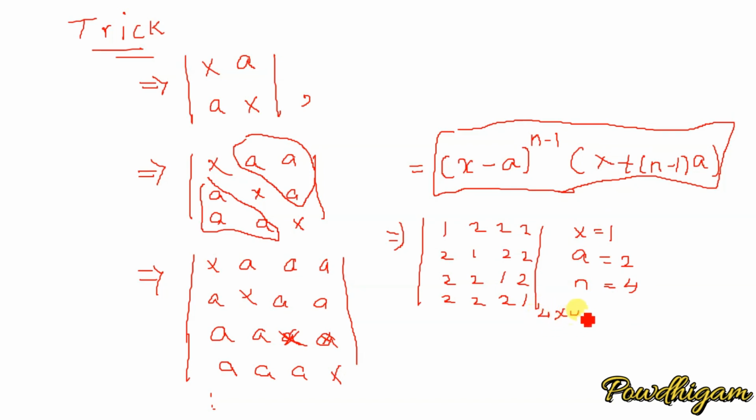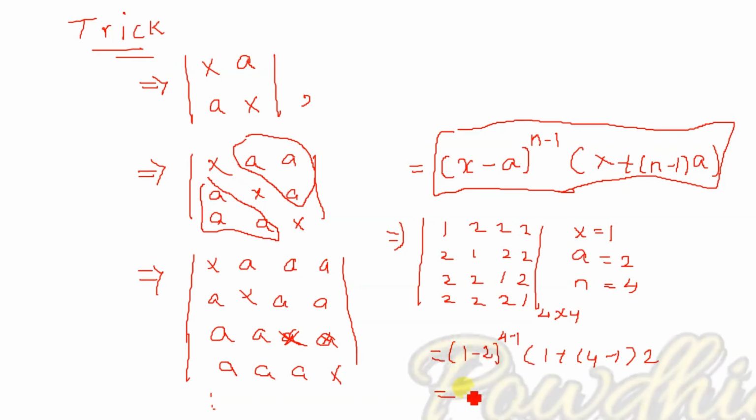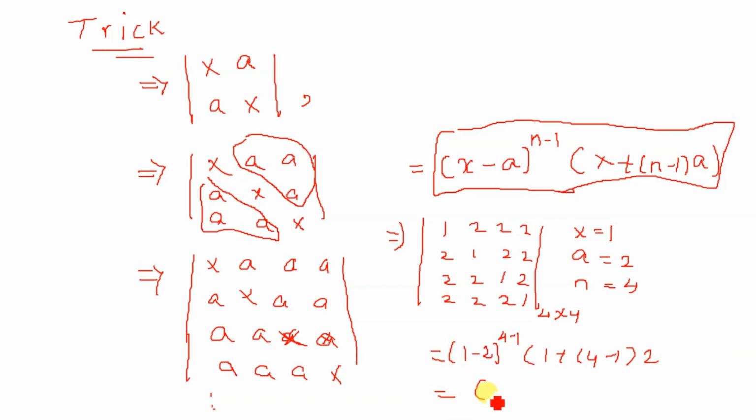Just apply the formula: 1 minus 2 power 4 minus 1, into 1 plus 4 minus 1 into 2. If you solve it, you easily get minus 1 into 7, so you get minus 7.